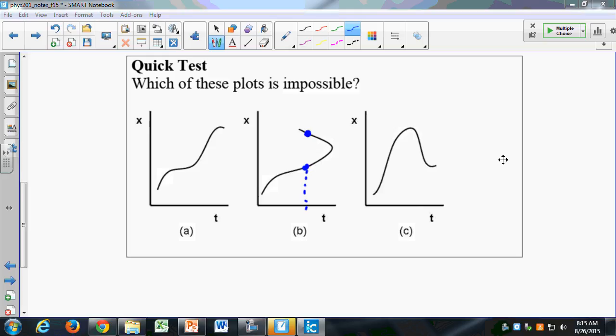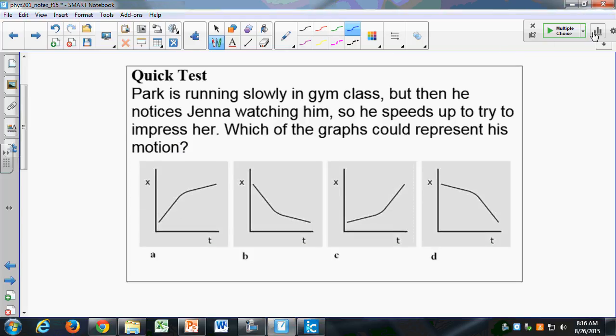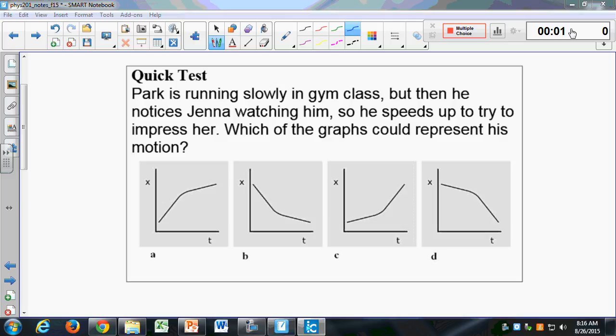All right. Let's try that. I think there's another one here. Park is running slowly in gym class, but then he notices Jenna watching him, so he speeds up to try to impress her. Which of the graphs could represent his motion? And if you get this one right above 90%, I'll tell you a little story about my wife and I before we got married when I was trying to impress her.